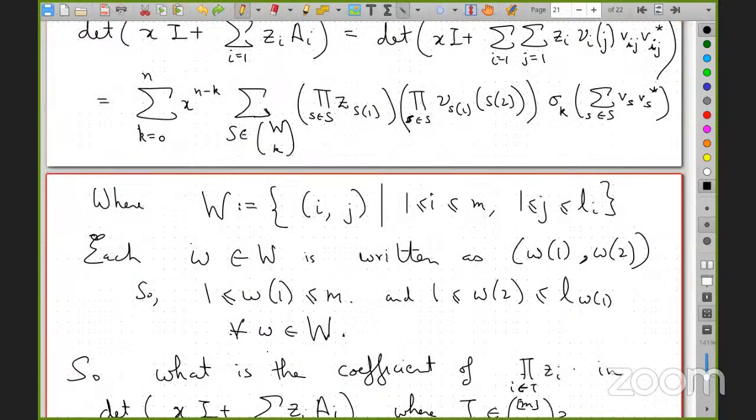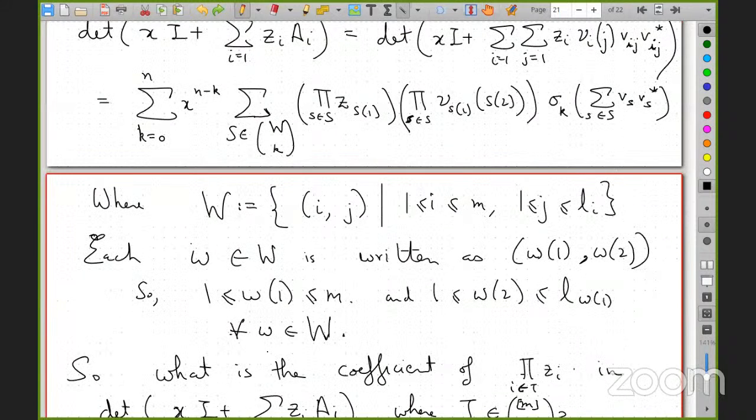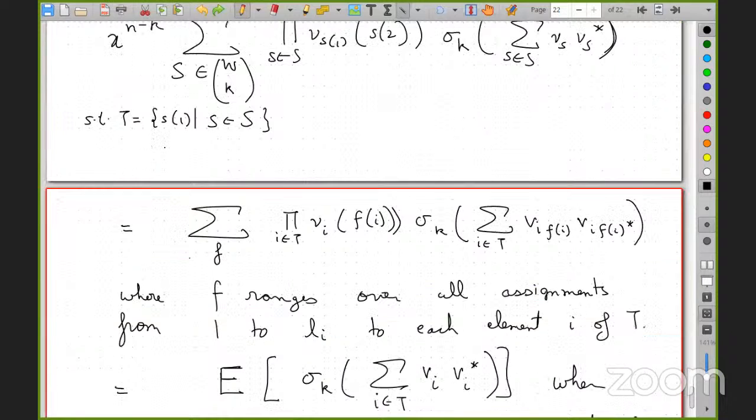So this is not the full story. There's also something else that I forgot to include, which is this x to the n minus k. This also is there.